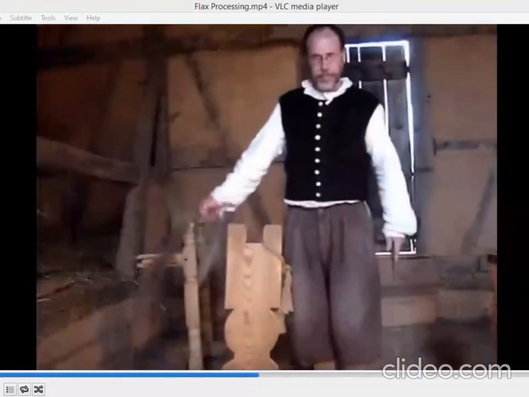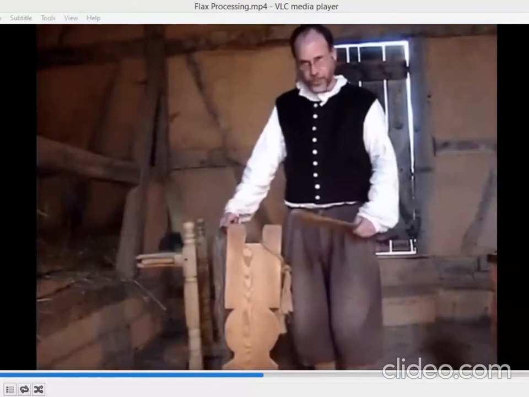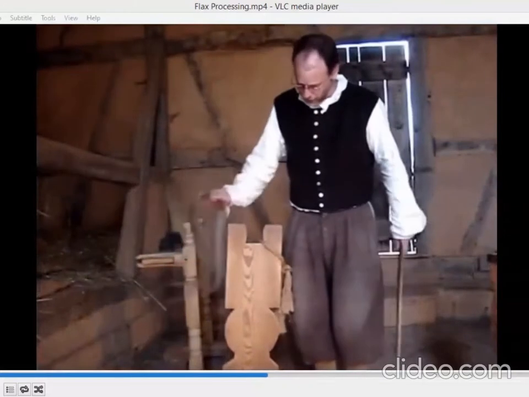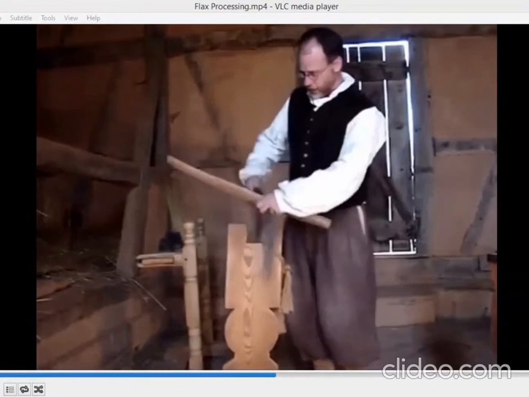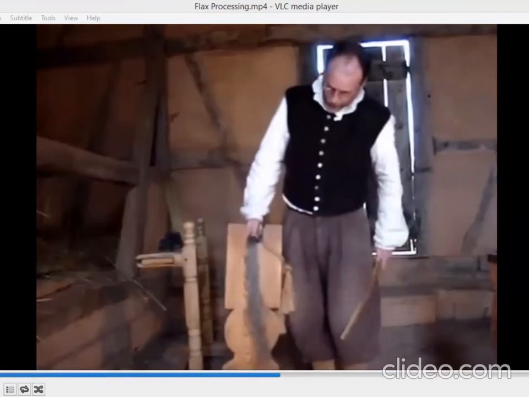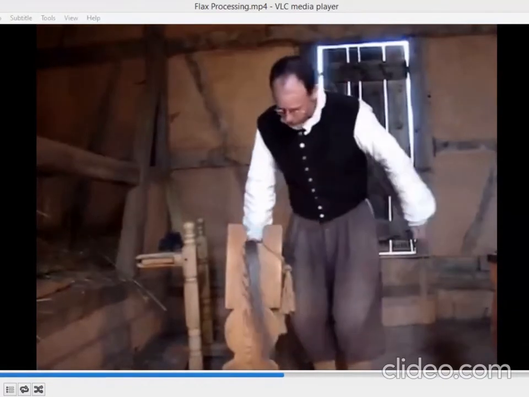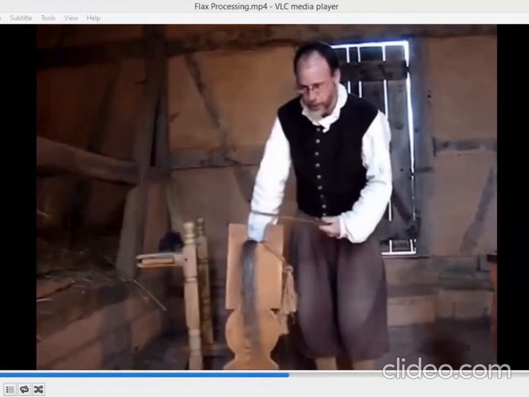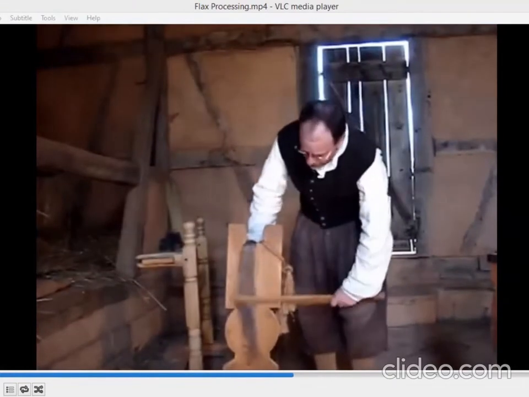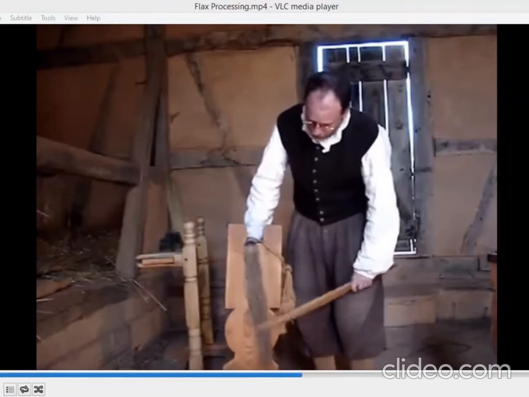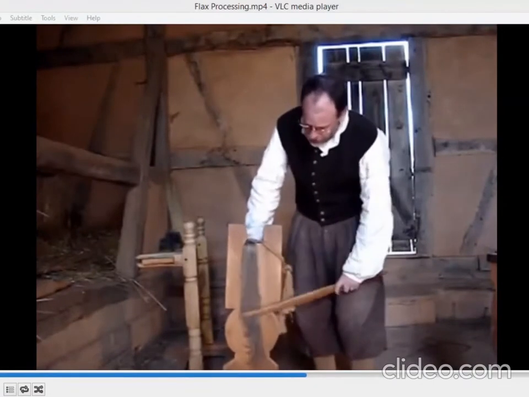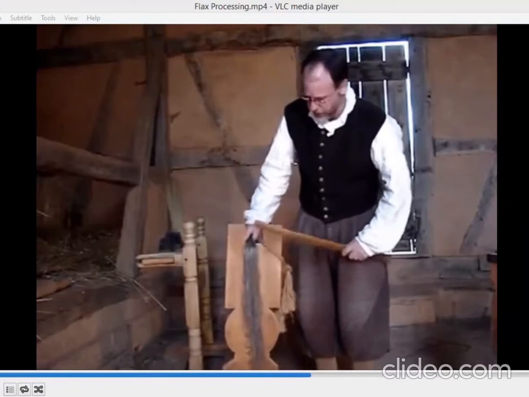All right, now we're at our next step in the flax processing, our scutching. We have a scutching board here and a scutching knife. We will drape our broken flax fibers over this scutching board. With the scutching knife, we need to beat and scrape down through the fibers, trying to clean them up even more thoroughly, and start to straighten and soften those fibers.